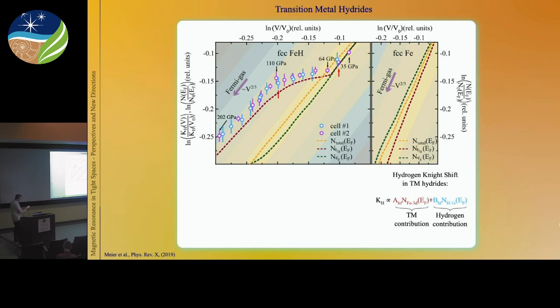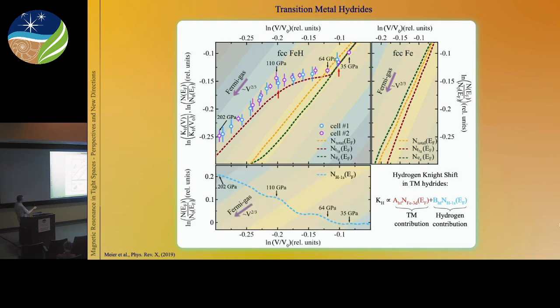So we thought that there must be something also happening on the hydrogen side, and here it turns out that this is actually also increasing by approximately 20%, which is not very much, considering the initially very small value of the density of states of the hydrogen to begin with, but it at least qualitatively explains the small offset we see here between our data points and the 3d t2g density of states.